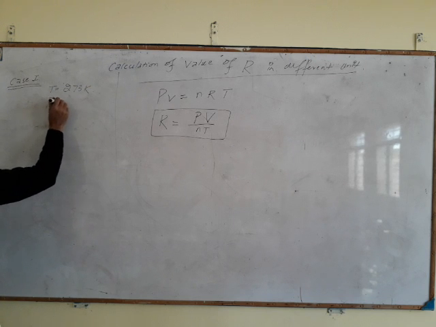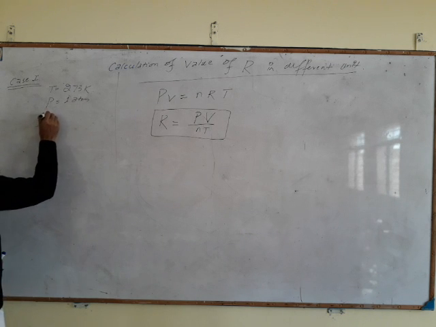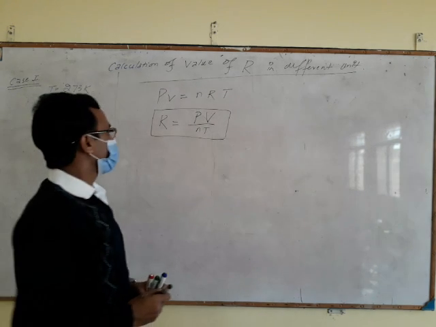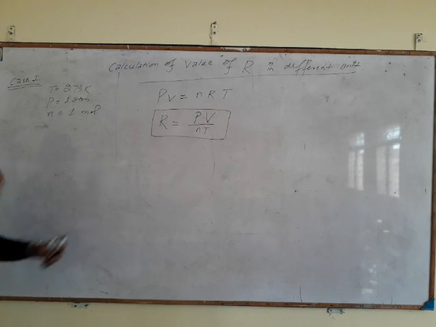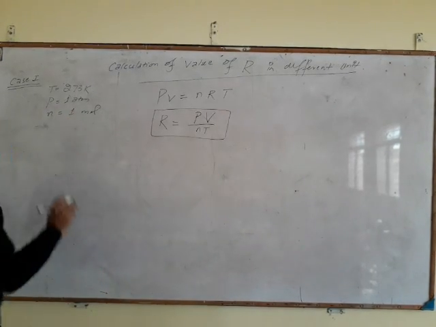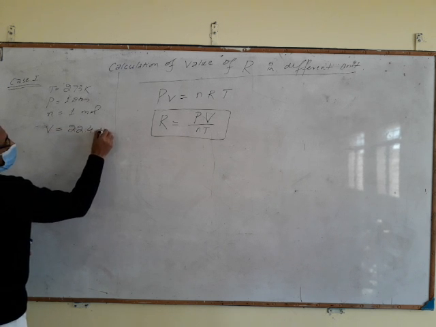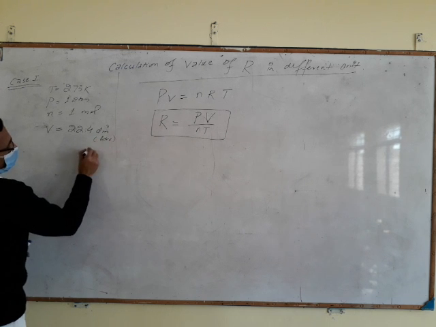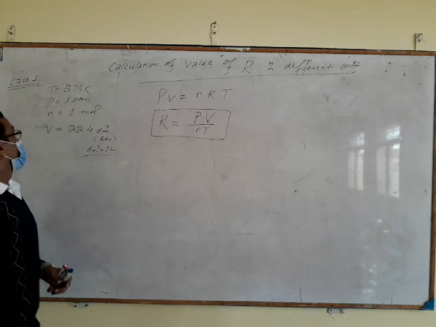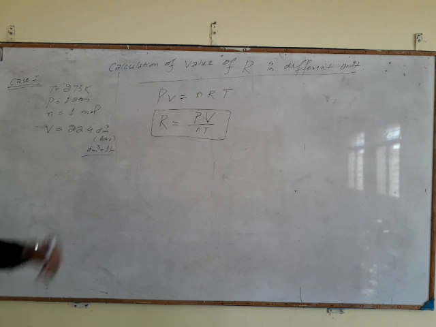Standard pressure is 1 atm, one atmospheric pressure. n is equal to 1 mole, and we know that at STP the volume of 1 mole of any gas is 22.4 dm cube or liter, because dm cube is equal to liter, cubic decimeter. So if we put all these values in this equation, we can calculate the value of R at STP.